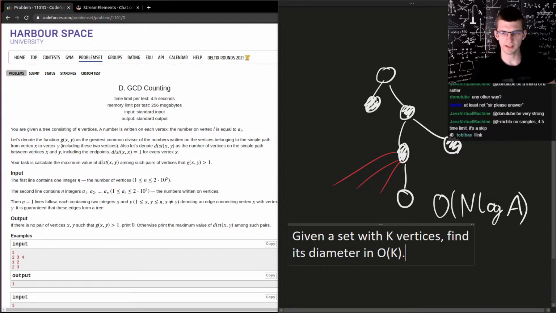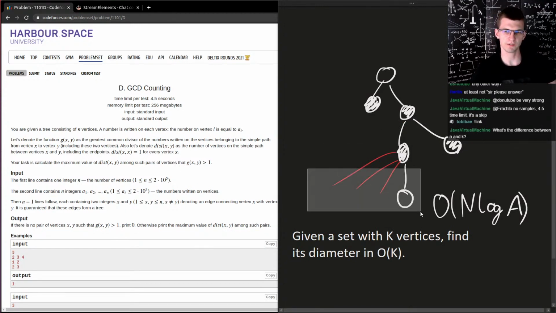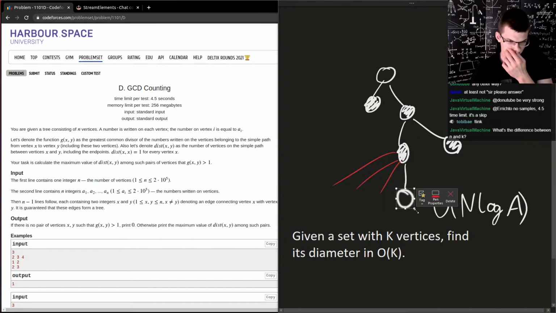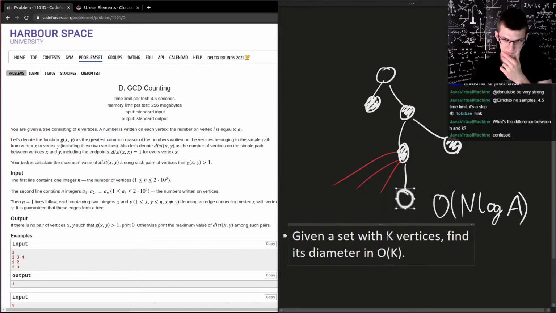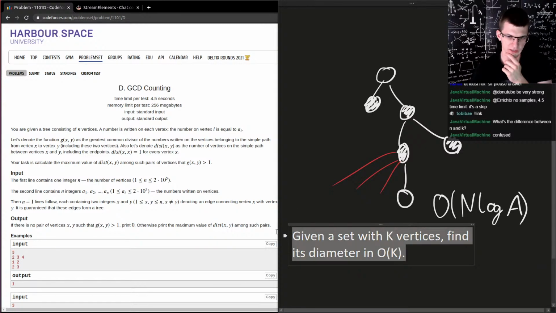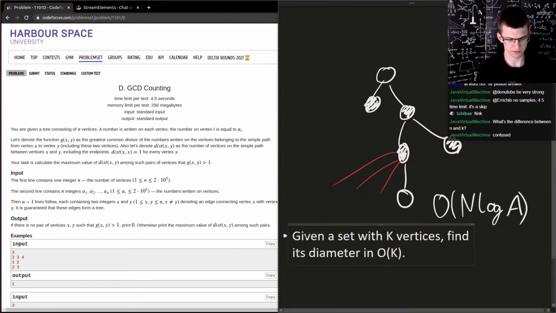In O of n it would be easy: from some vertex, maybe a leaf, we run DFS or BFS to find the furthest one. But if we go through all the neighbors for every vertex, we also pay for all the vertices. n is the number of vertices in the whole tree, and here this is a query, so we answer queries.